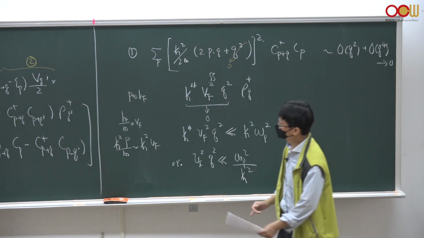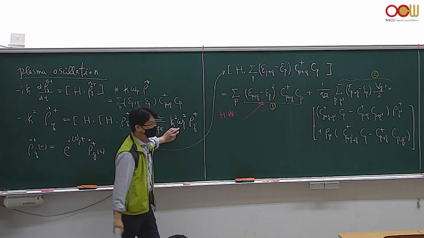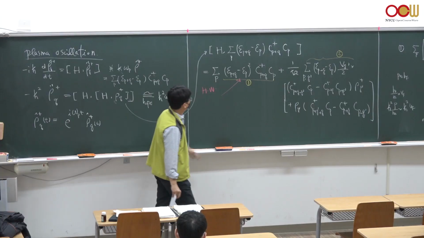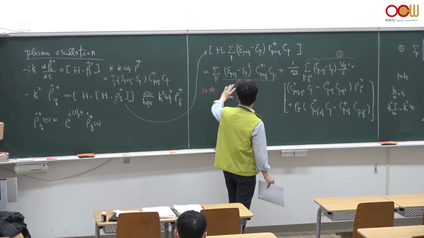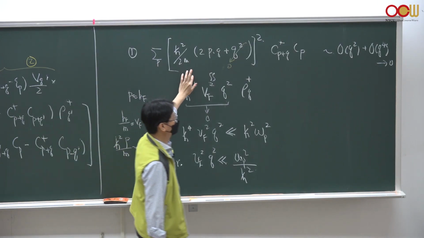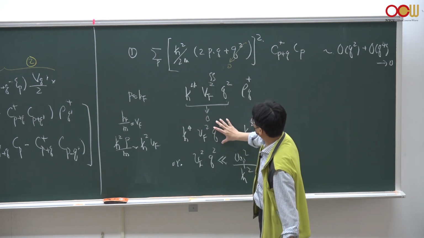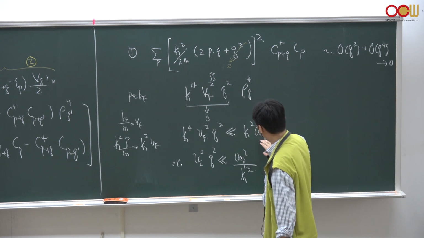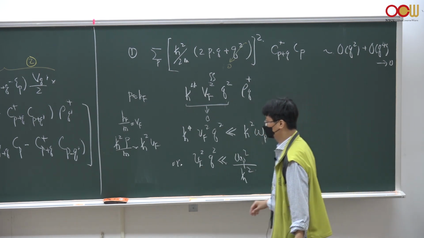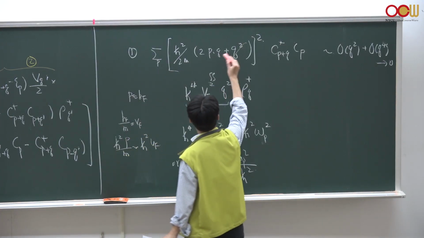We know that on the right-hand side of that double commutator we have h bar squared omega p squared. But the first term on the right-hand side is given by this complicated term. Suppose that the Q squared term from the pure connected term is much smaller than h bar squared omega p squared. Then we can safely neglect this term, but this is a big if because we need to justify this.